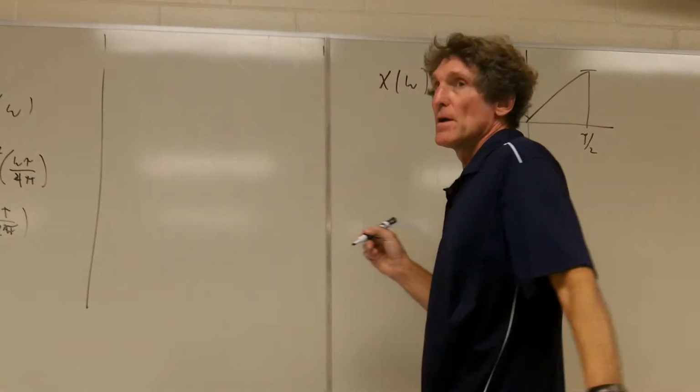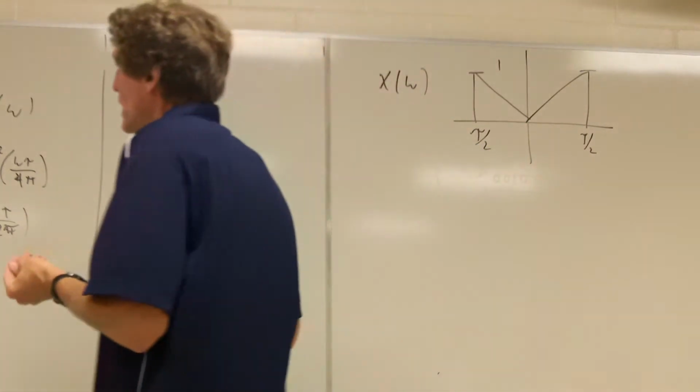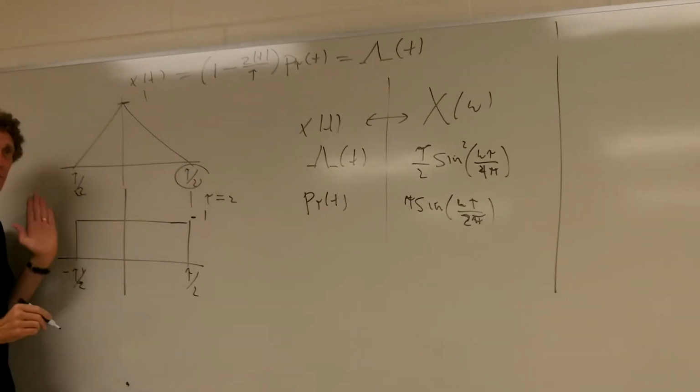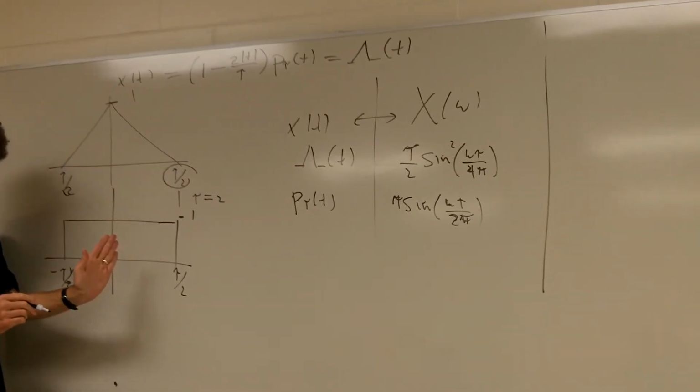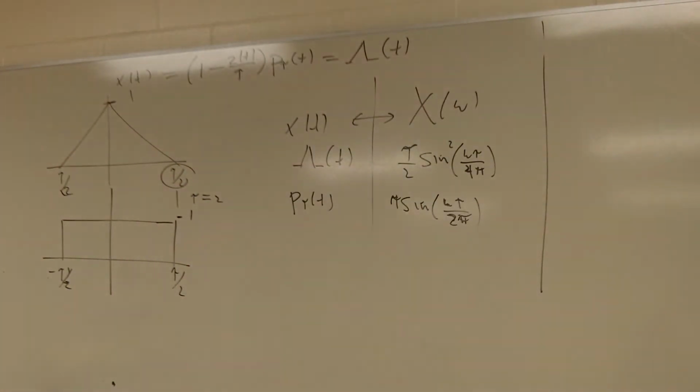Item 1, right? First, I want to create the functional form of this. Now, when I look at this, really, it's irrelevant if this is time or omega, as far as the form of this function. Not the transform, but the form. So, if we wanted to build this, do you agree that this could be represented as a square pulse of height 1, from minus tau over 2 to tau over 2?